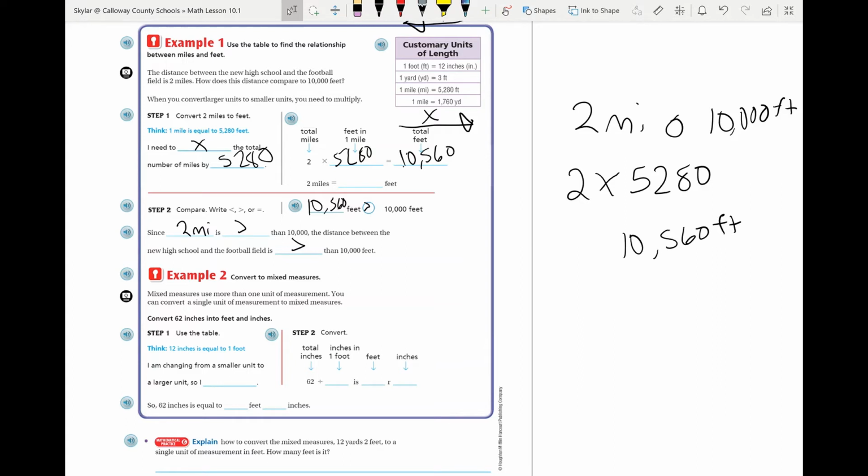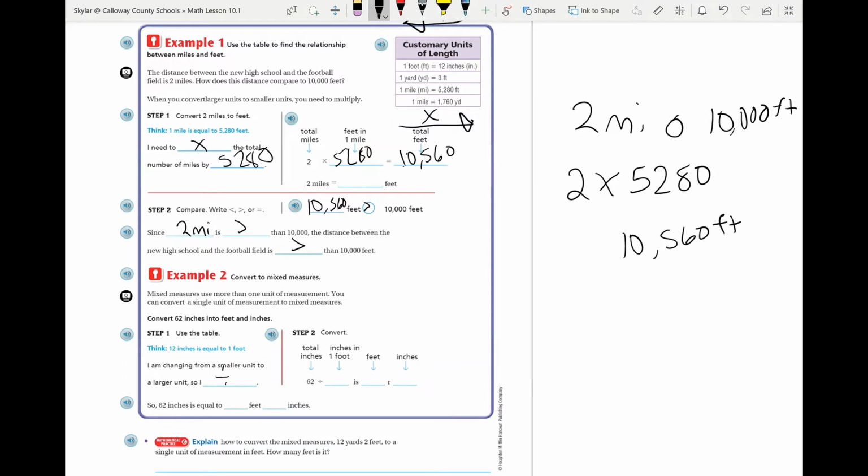So, number 2 says convert inches to feet and inches. If we're going from inches to feet, we are going from a smaller unit to a bigger unit. Inches are smaller than feet, so I divide. What number do I divide by?